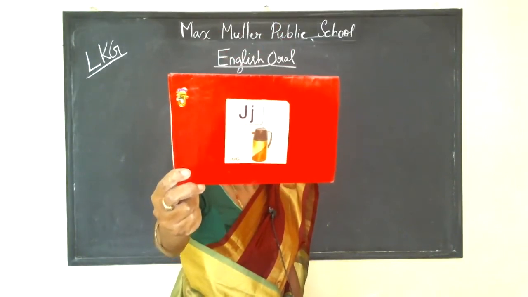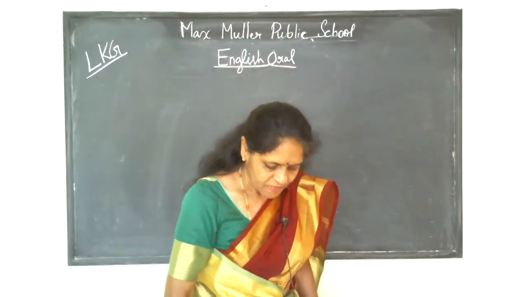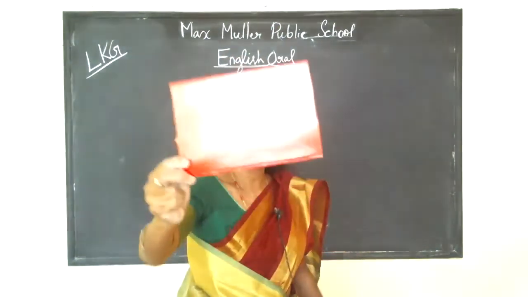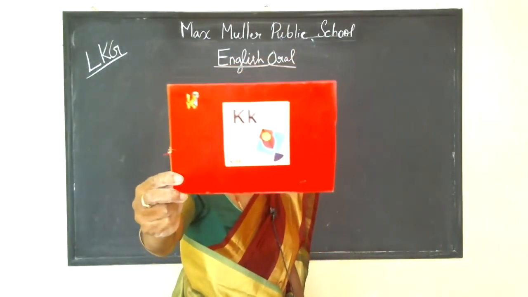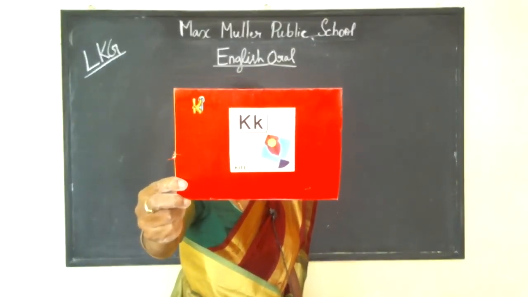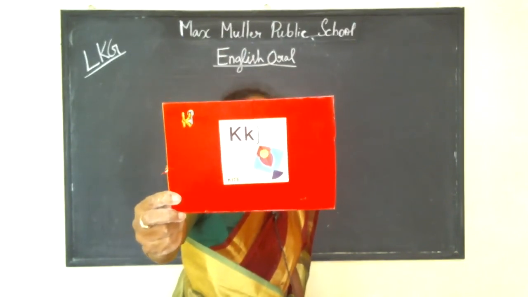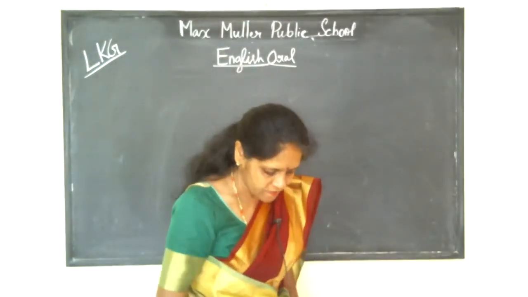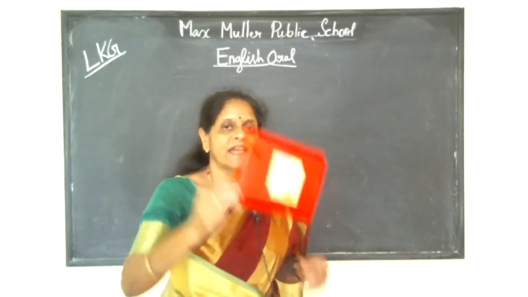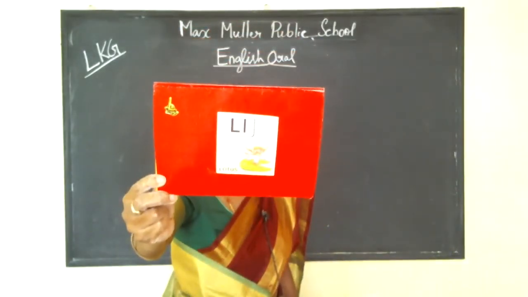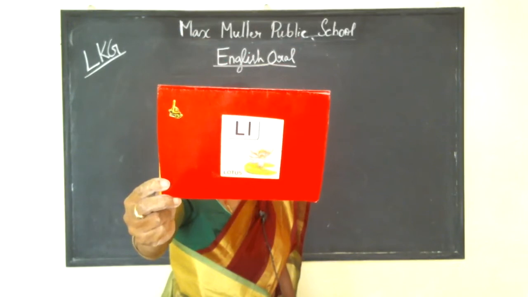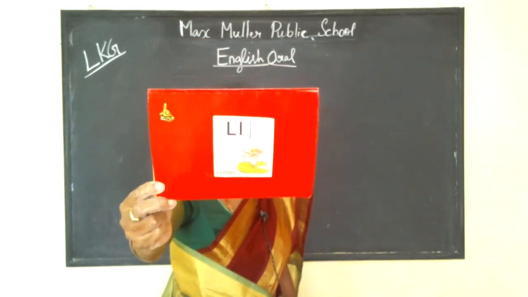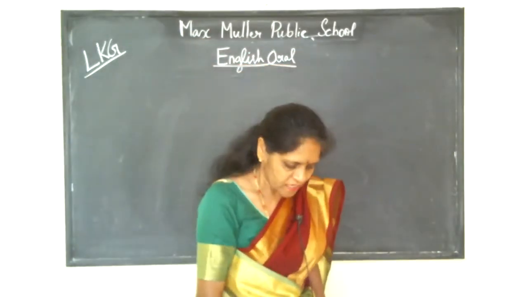Next. K. Capital K, small k. K for kite. Next. L. Capital L, small l. L for lotus. Okay, children.